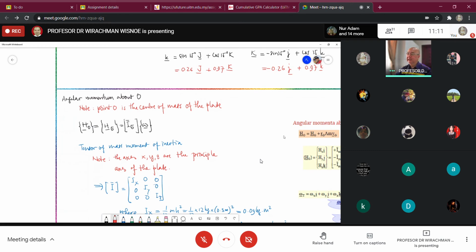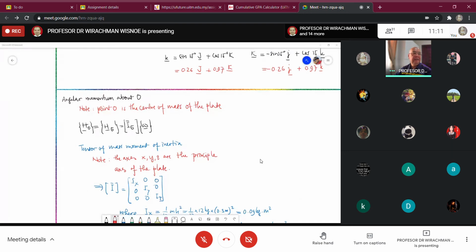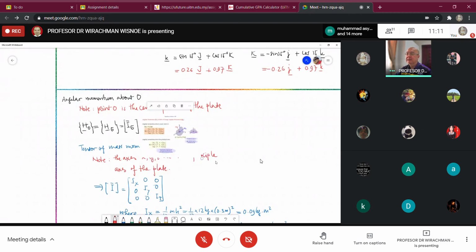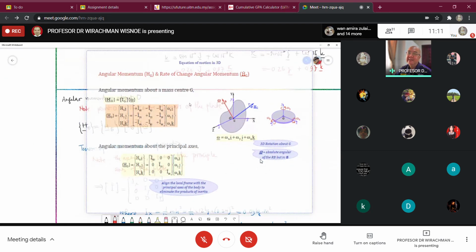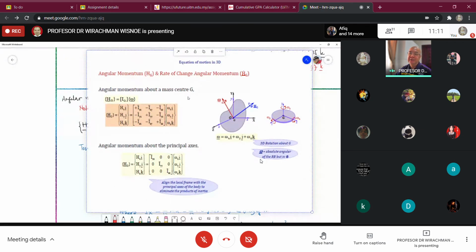is this one by right. As a matter of fact, not that one. In the slide, it is this one. Since we are talking about the center of mass, we are going to use this one, angular momentum about a mass center G. Hg is Ig times omega.